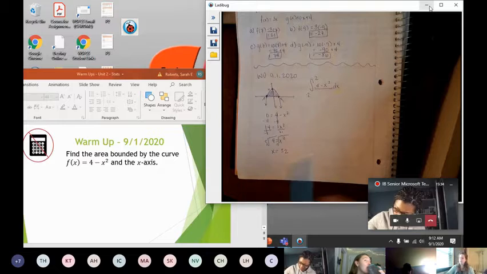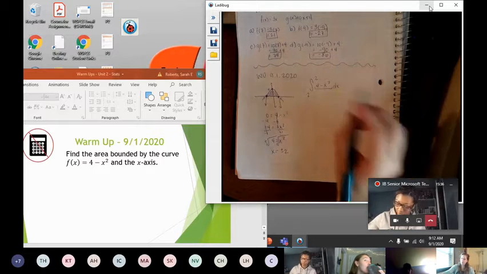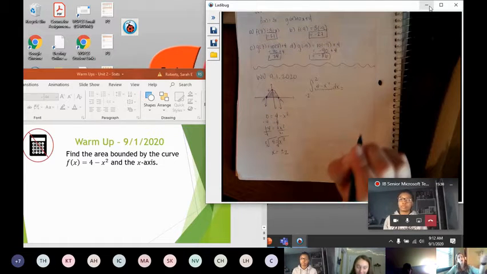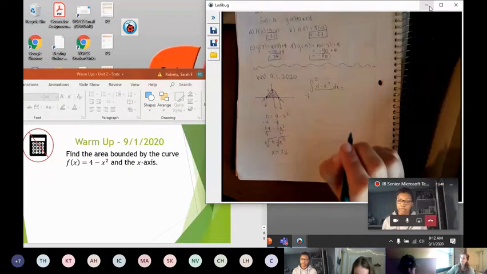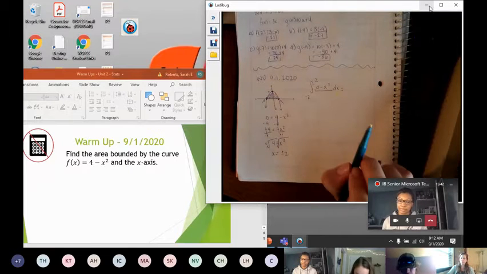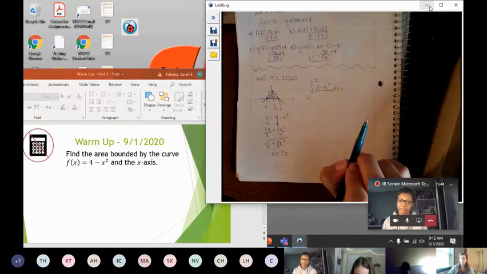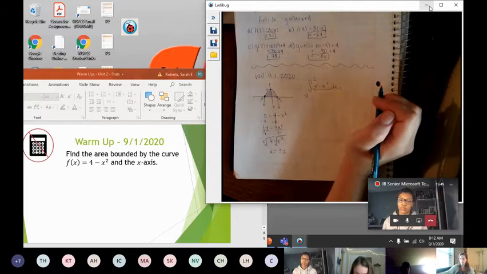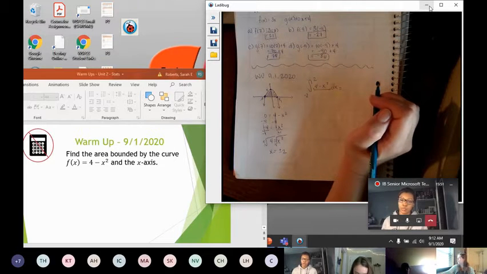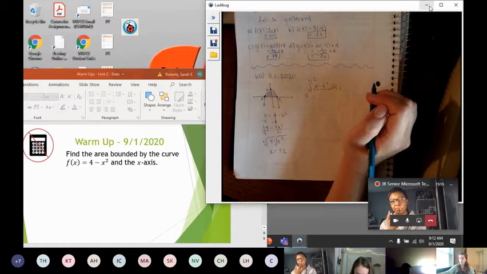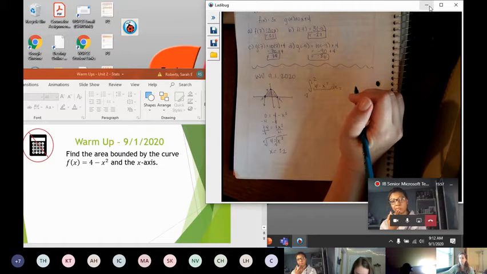So we have this. Now we've got to actually integrate it. So Taylor, when we integrate 4, what do we get? 0. It's the integral of the constant 4. Oh, 1? Would it be 1? No. Or 0?